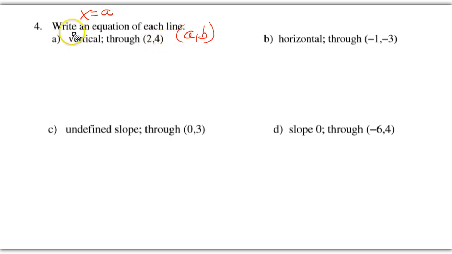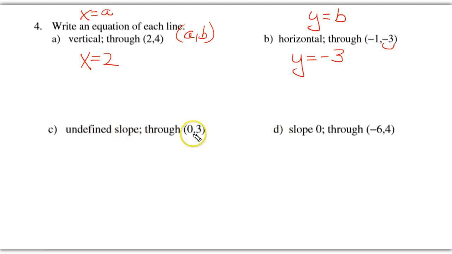Well, 2. So the answer to this is x equals 2. Kind of a shortcut if you're familiar with these. Horizontal, y equals b. Well, what's in the b position? Y equals -3.